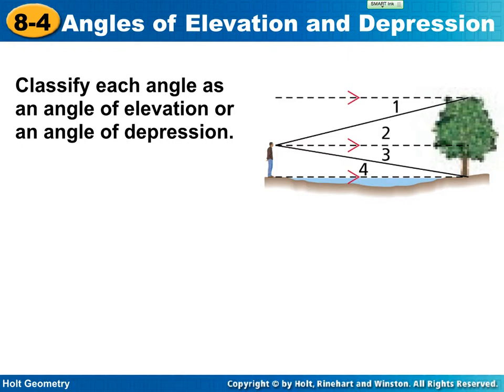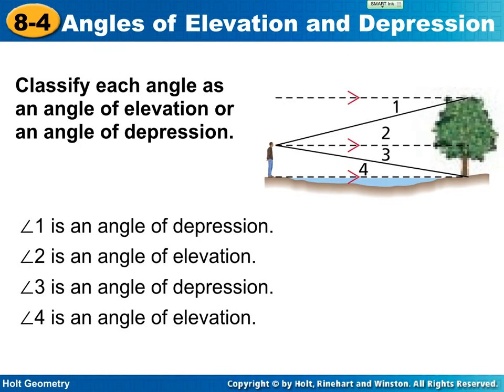Elevation. 3. Depression. 4. So see, when the person is standing here looking horizontal, if they look up, they're looking at an angle of elevation. If they look down, it's an angle of depression.